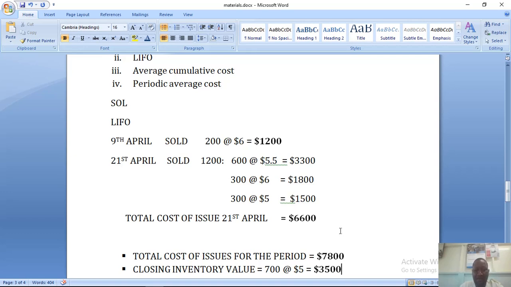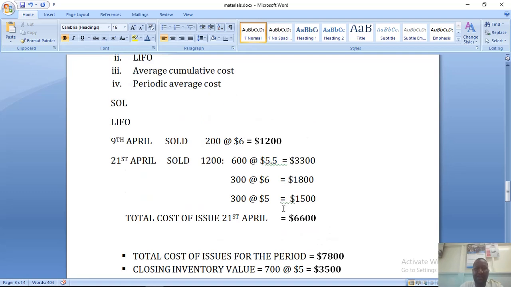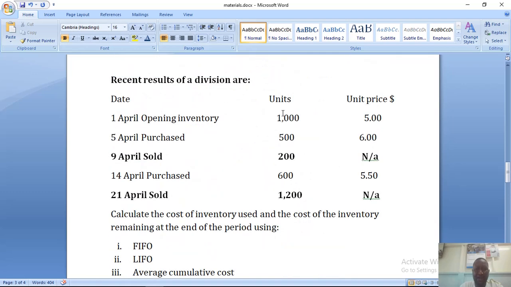These are the total values, and so the cost of issue on that particular day was 6,600. Put this and that together and it gives us the total cost of issue for the period, 7,800. And so the closing inventory will be the 700 units remaining, and these units are all coming from the opening inventory of 1,000 units, and that's why we valued these units at $5 per unit.